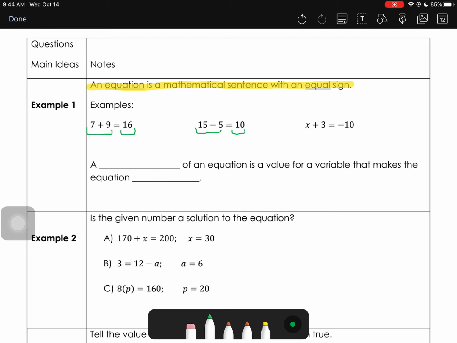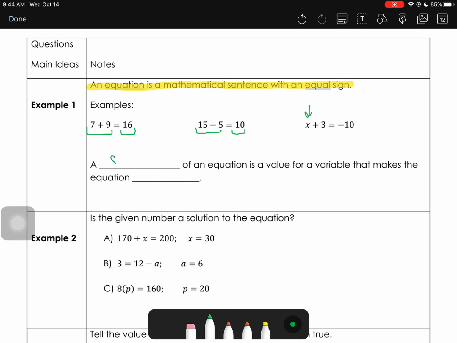So what happens when we have something like this, where we have an x? It wants us to figure out what that number is going to be. Here is what we need to do.